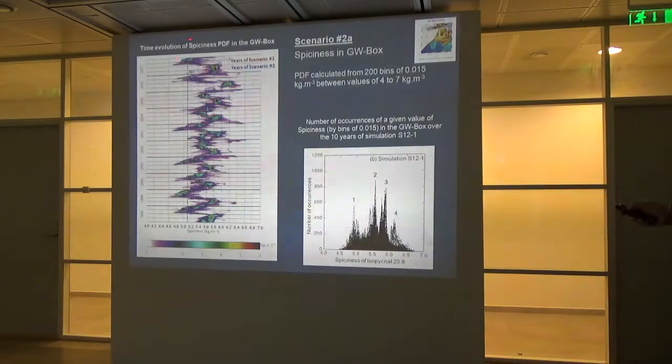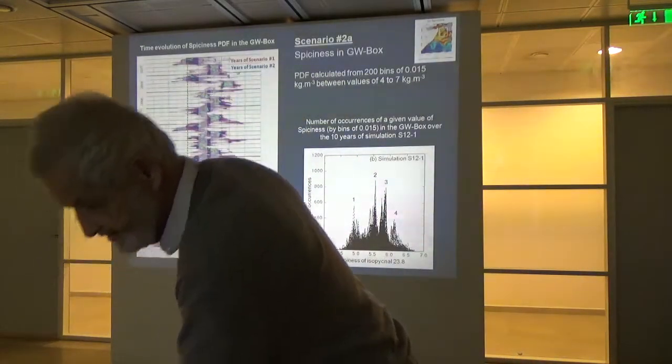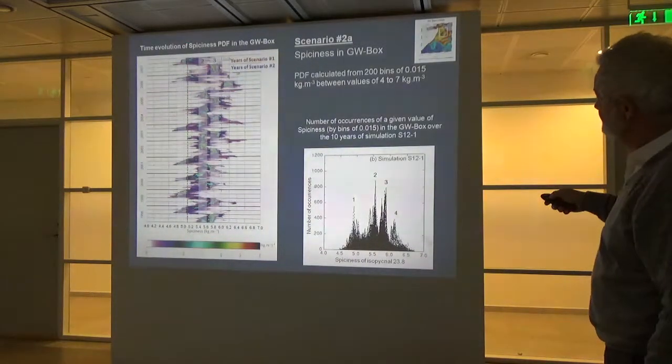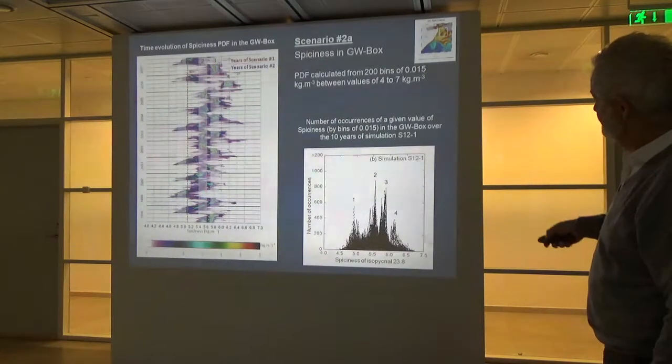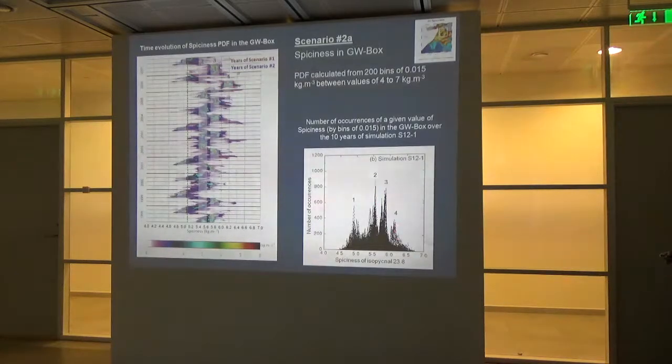And this is a line in spiciness that separates the two cases, which I took from here. If I want to identify the peaks on this, scenario 1 is this one, the second peak corresponds to that, the third one, and the fourth one is just an anomaly in 2006. That peak could have merged into this one; this is an anomaly.